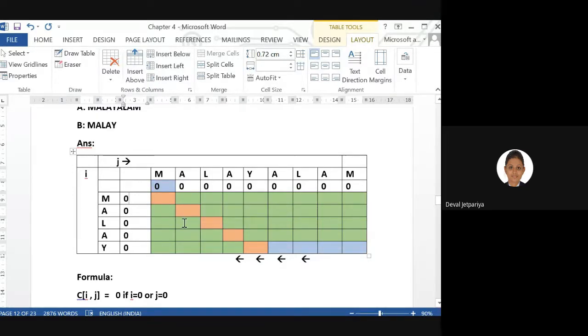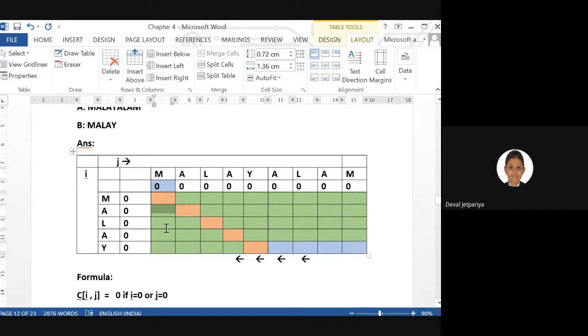Let's suppose for this highlighted box, this box is treated as the diagonal. So whenever there is a match, we need to add 1 to the diagonal. And if there is no match, like M and A, that means there is no matching.